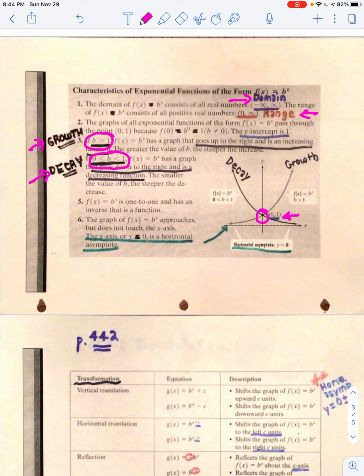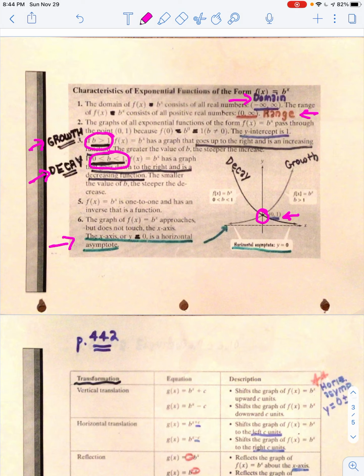That would be like a fraction 1/2 or 1/4 or a decimal 0.6. Any number between 0 and 1 is going to give you a decay graph, whether it be a decimal or a fraction. Any value greater than 1 is a growth graph. And remember, the base cannot be 1 or it would not be exponential. And it cannot be negative or it would not be exponential either.